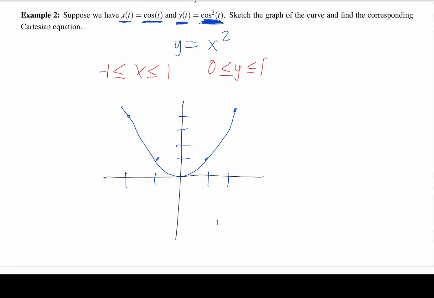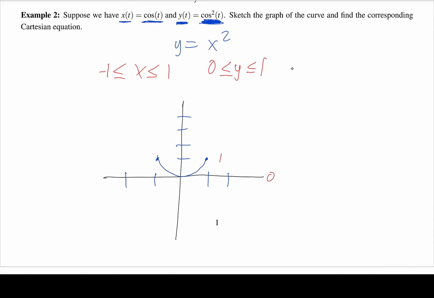However, we need to keep in mind these restrictions on x and y. They tell us that we're restricted to this box right here, because x should be between negative 1 and 1, and y should be between 0 and 1. So I'm just going to draw my curve inside this box.